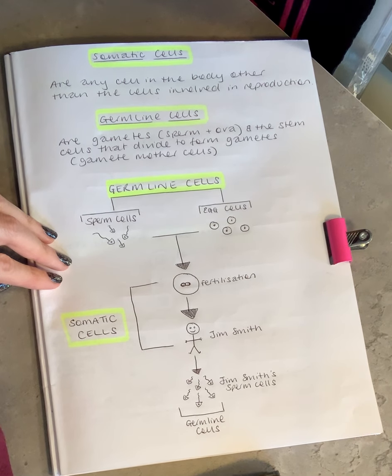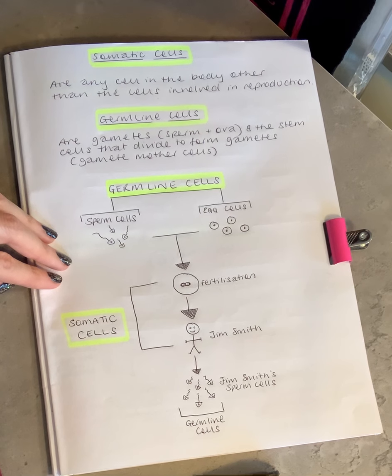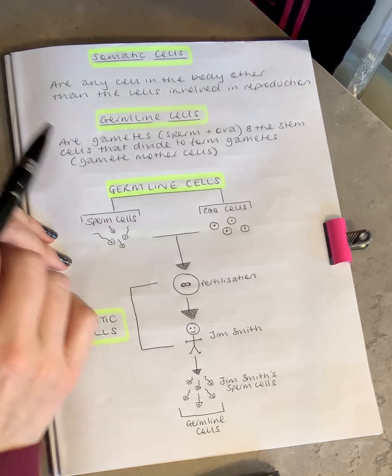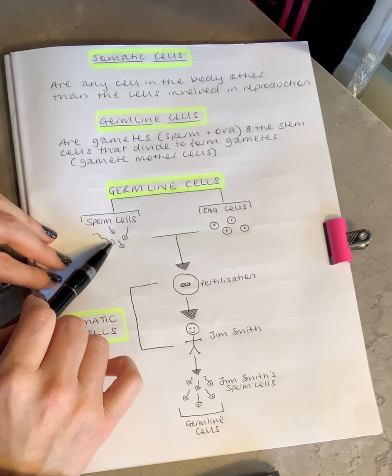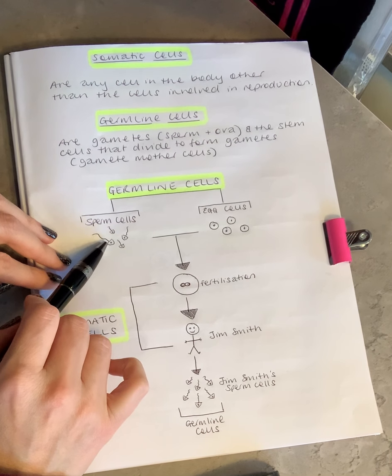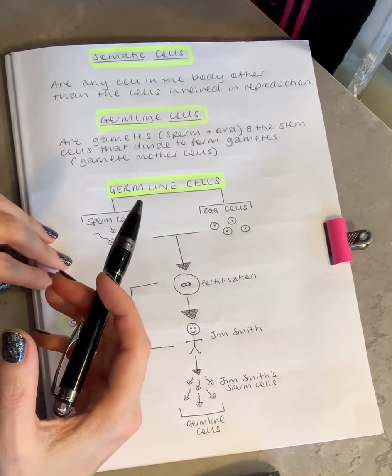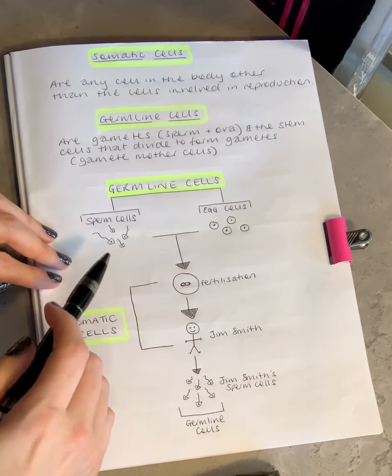So we say a cell has a defined structure and function. If we use a sperm cell as a classic example, that already has a defined structure, so it has a tail and a head, and it already has a defined function, which is to travel to go and find an egg and fertilise the egg, okay?